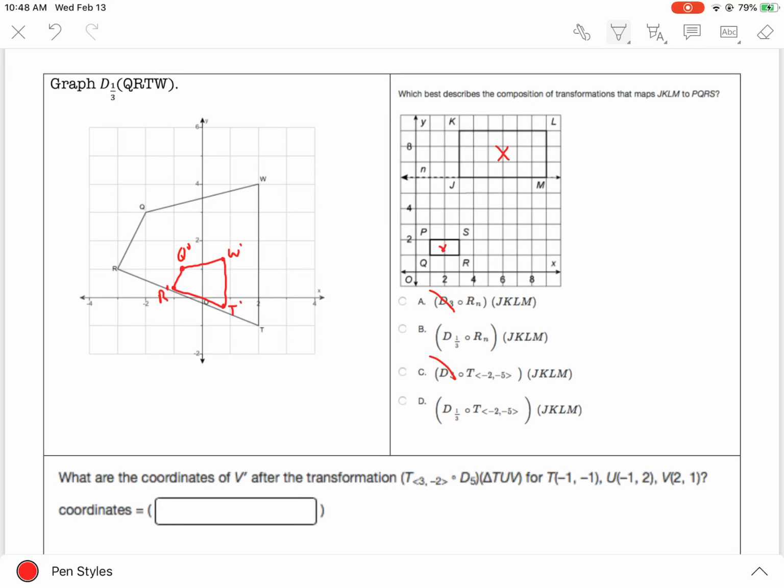So what are we doing? It can't be a reflection over n, because that would just put it right here, and then it would shrink to the origin because there's nothing here. There's nothing here, so the dilation point is just the origin.